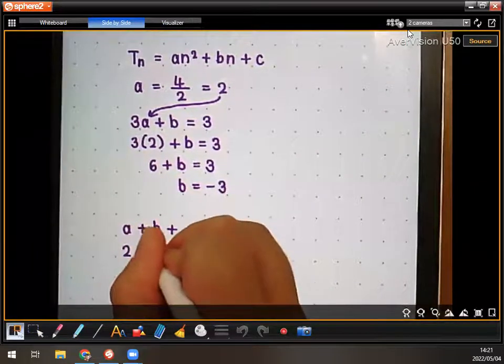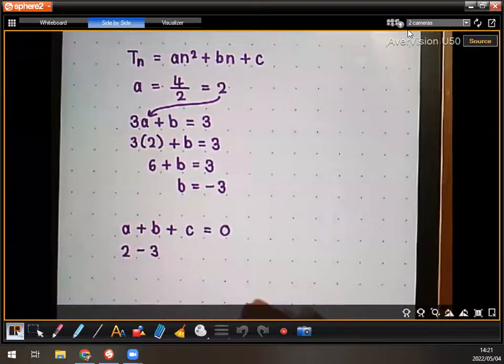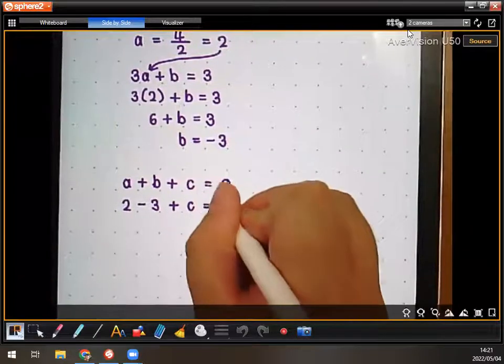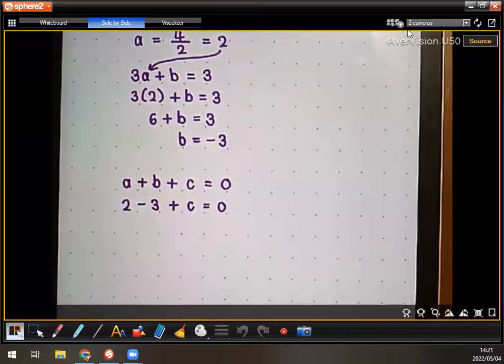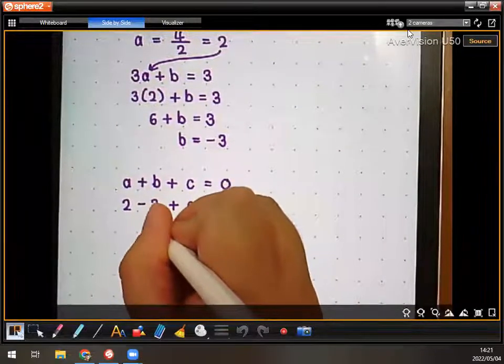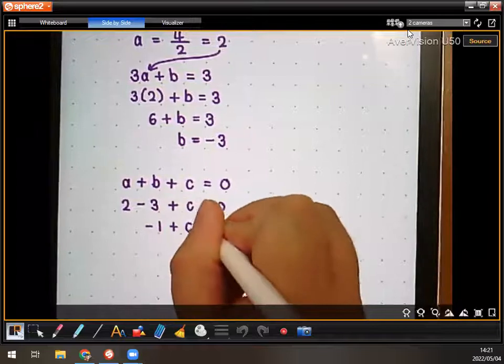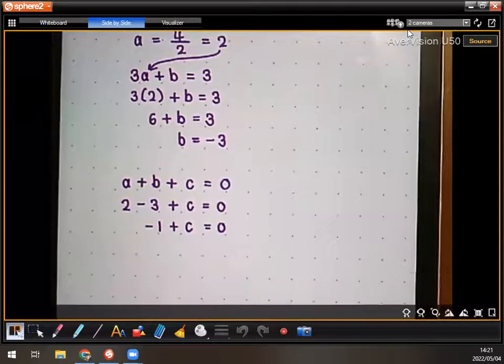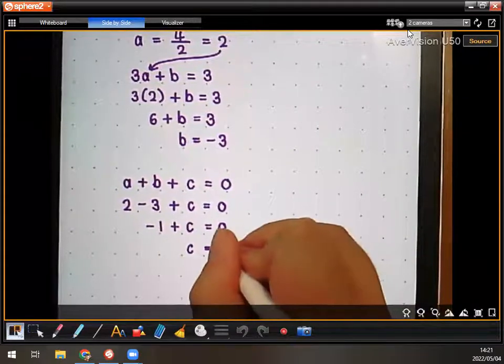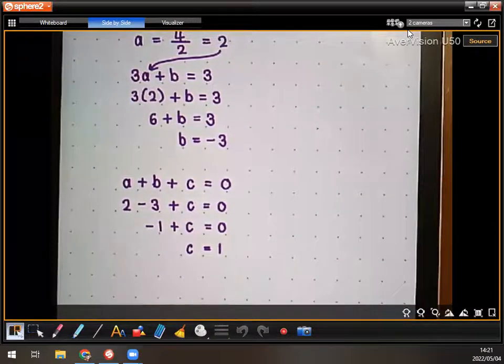So I'm going to put a -3 there in the place of B. Plus C is equal to 0. What's 2 minus 3? That's -1, right? So -1 plus C is 0. So C is equal to, when you move that -1 across, it's going to become 1. So C is 1.